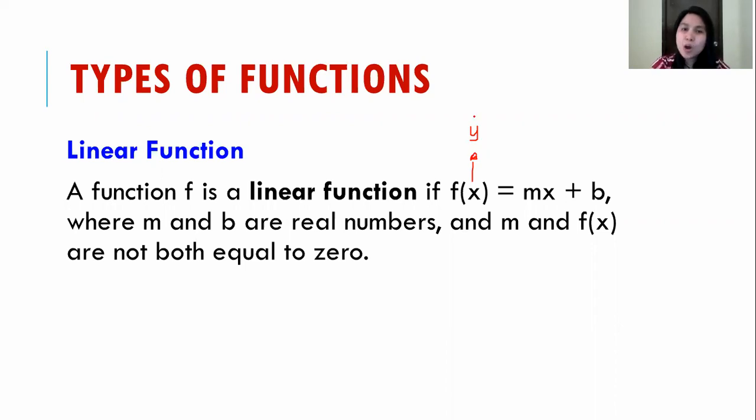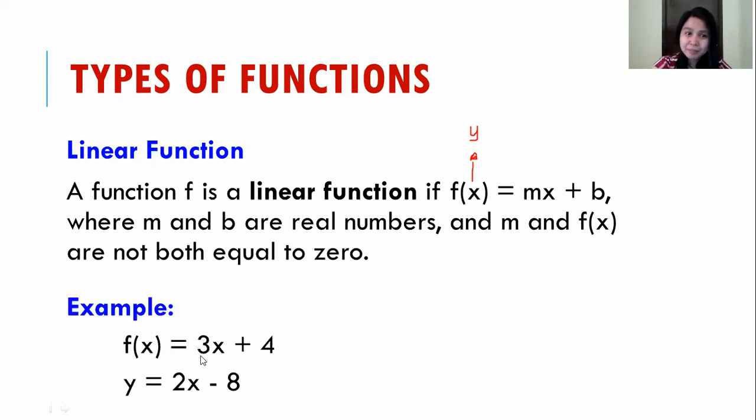So if you see y equals mx plus b, it's the same as f of x equals mx plus b. Let's have an example. Here, you check 3x plus 4. So the exponent, you cannot see it, it's 1. So it's a linear function.